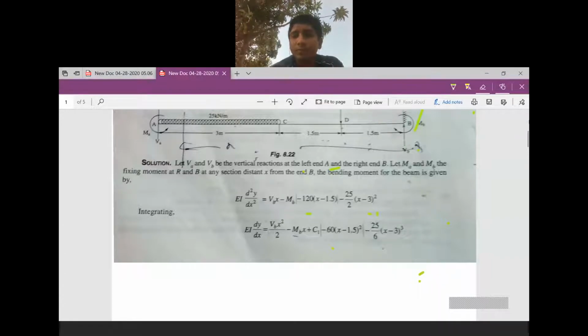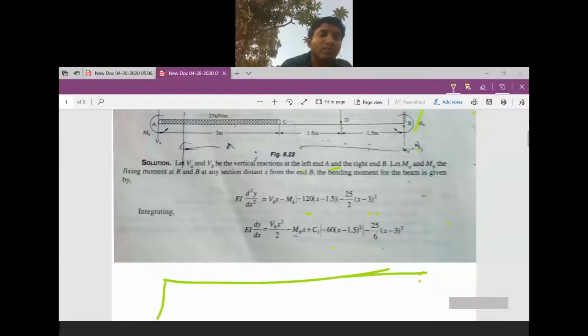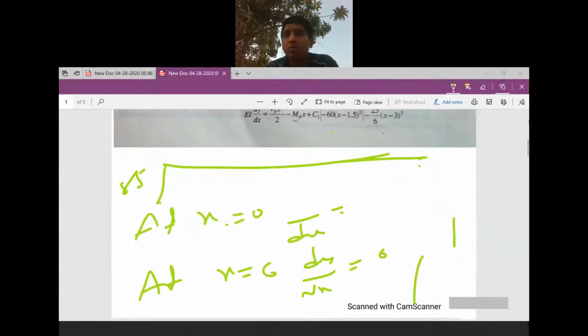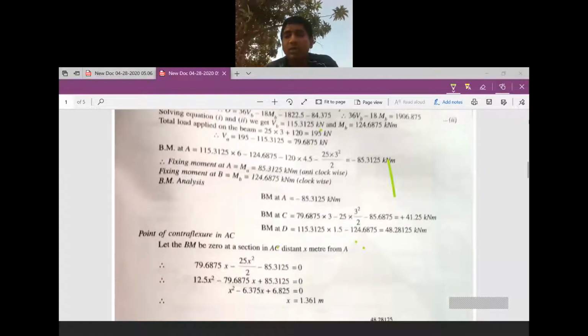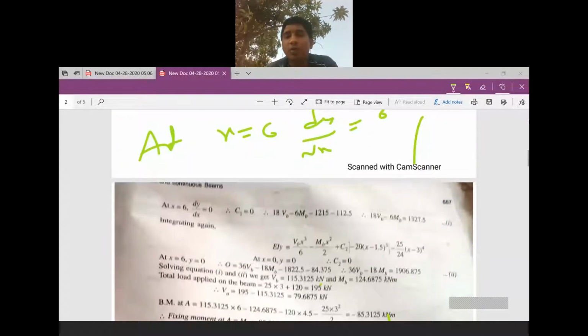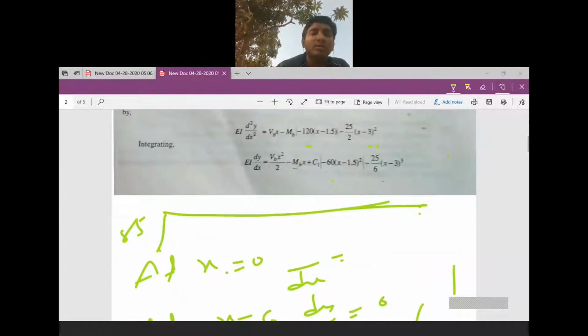So I've drawn the line to this one. Here the moment about A is a negative value, minus 85 point something. Then the moment about C is 41.25.